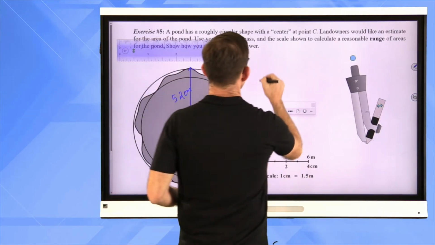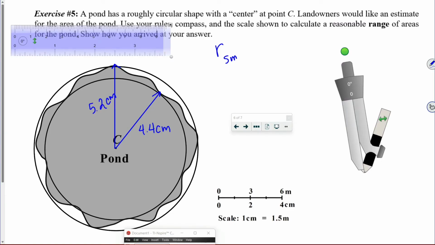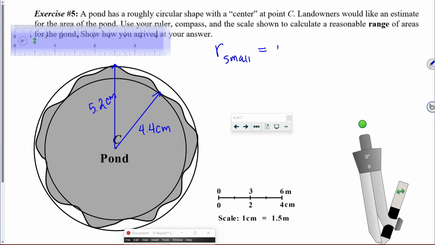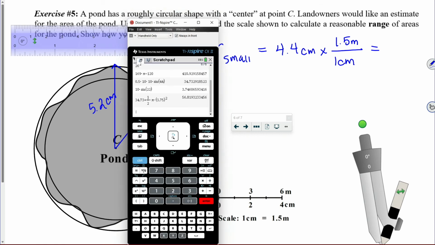So let's actually figure out the radius, the small radius, right? The small radius is going to actually be 4.4 centimeters times 1.5 meters per 1 centimeter. So let's figure that one out. Okay, let me clear all this chaff out of the way. All right, so we've got 4.4 times 1.5.